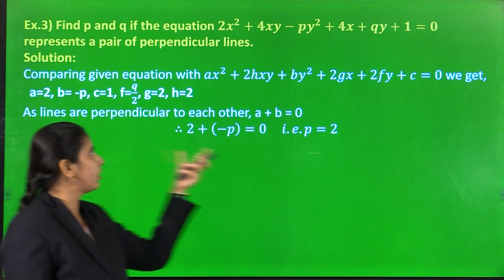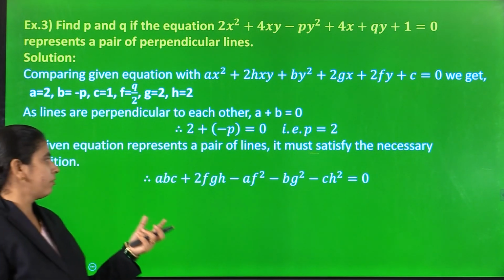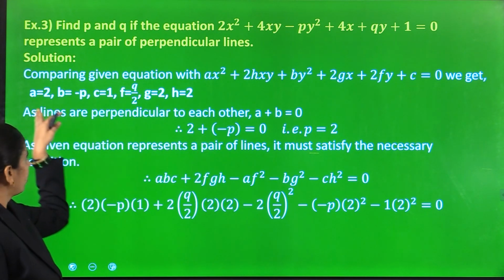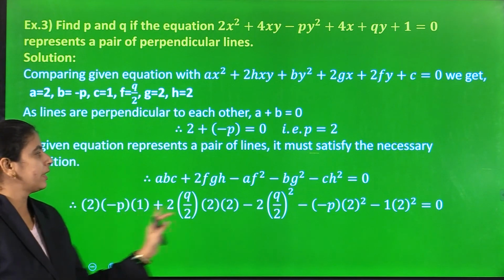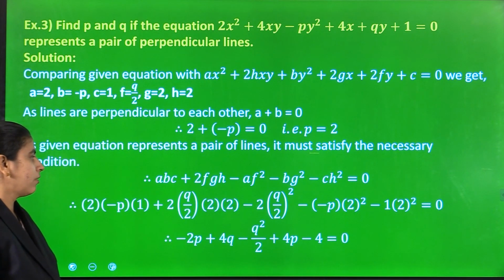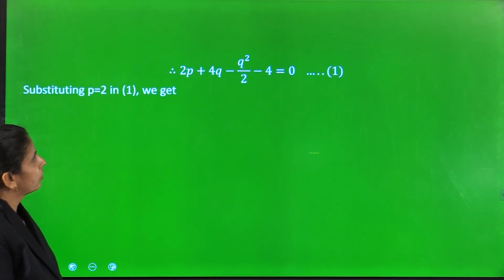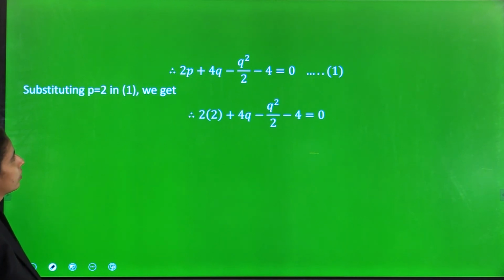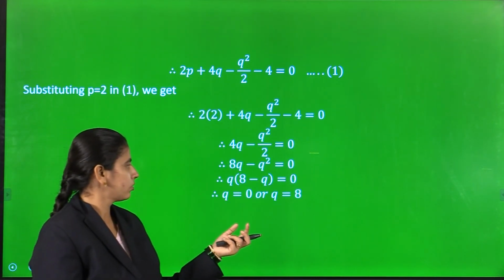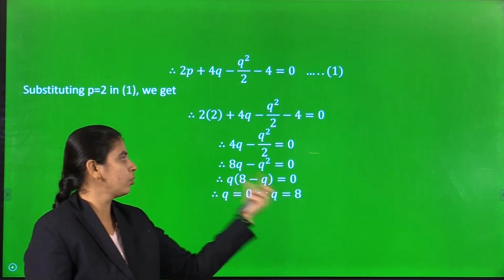After putting p equal to 2 and all the given values in the necessary condition and simplifying, you will get the value of q. So q is equal to 0 or q is equal to 8.